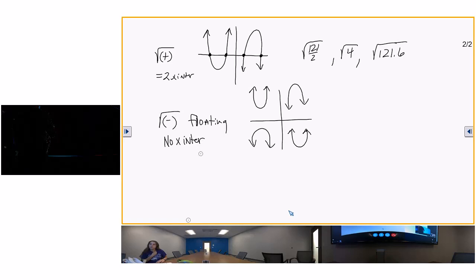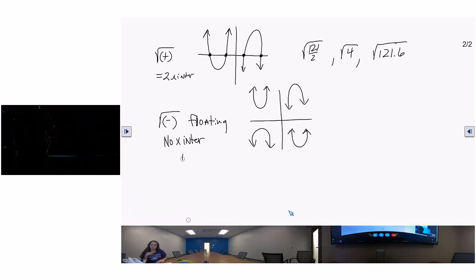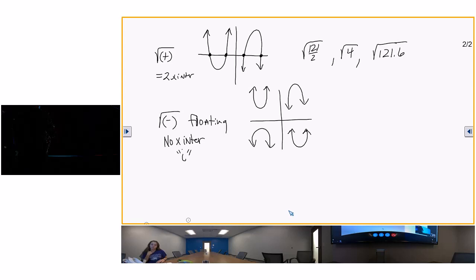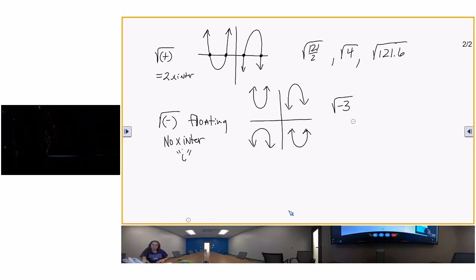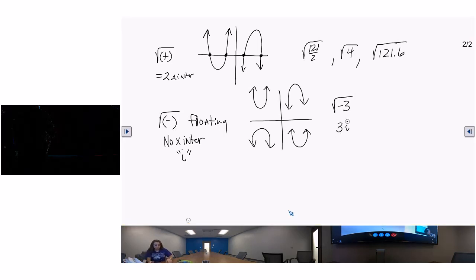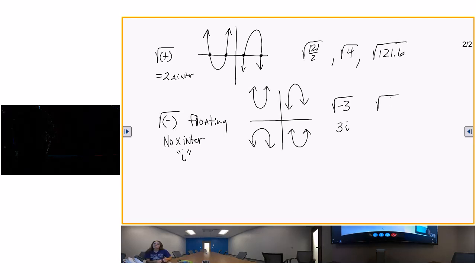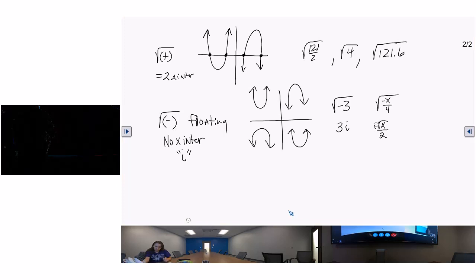You will have the answer in terms of i, because you're taking the square root of a negative number. So the square root of negative 3 is 3i. Okay? The square root of x over 4 is equal to the square root of x over 2. Or negative, that'd be i. There we go.